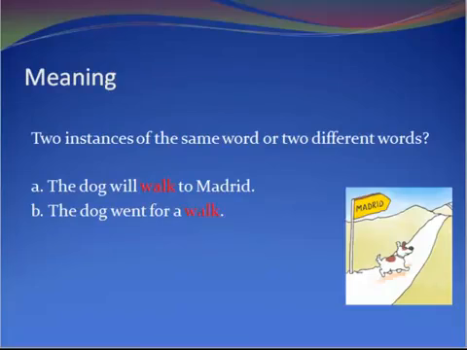Now, you may think, well, it's still okay to think about meaning, and I'll show you where this can be quite tricky. So here we've got "the dog will walk to Madrid," or "the dog went for a walk." What have we got here? Are they two instances of the same word or two different words?